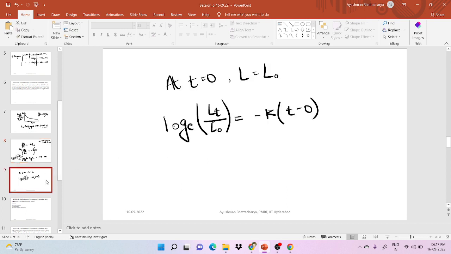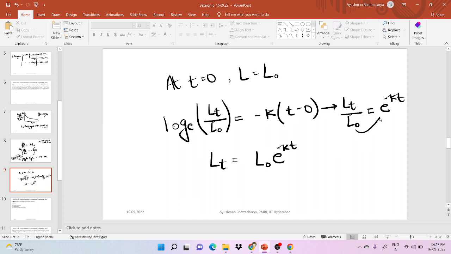Now moving forward, Lt by L naught is equal to e raised to minus kt. So Lt is equal to L naught e raised to minus kt.